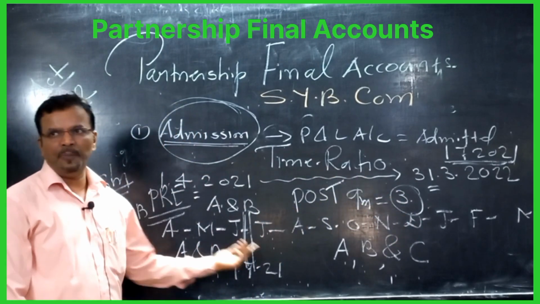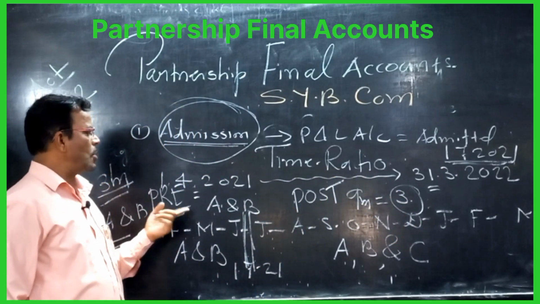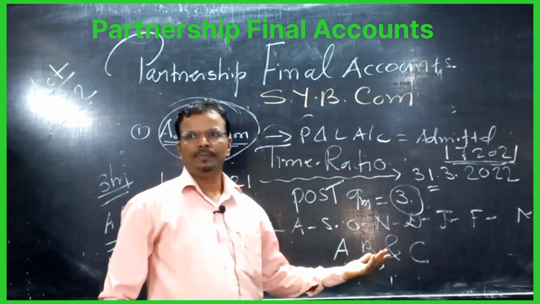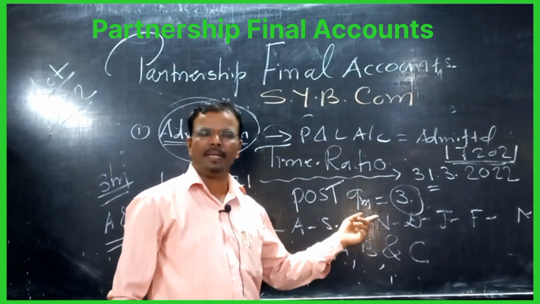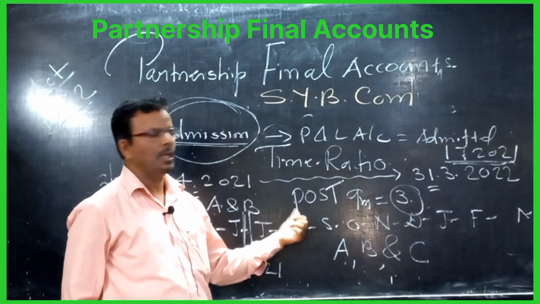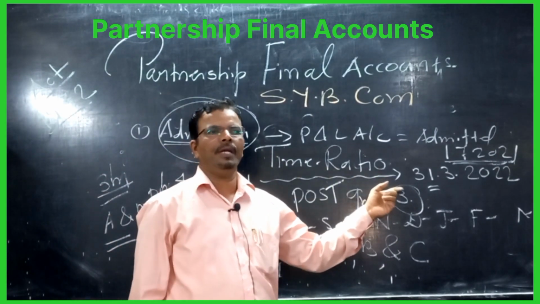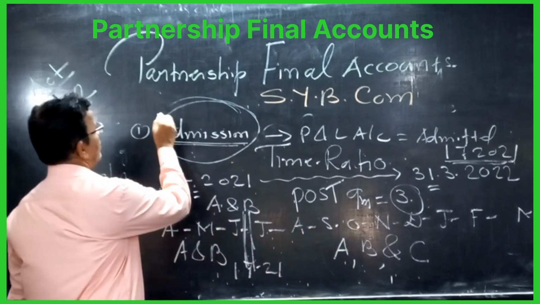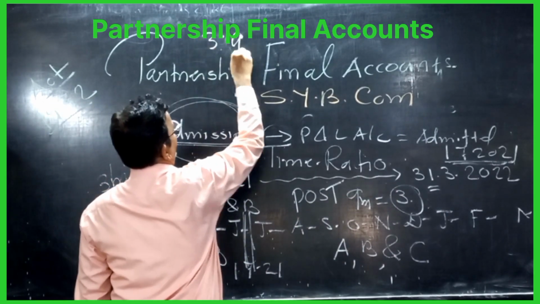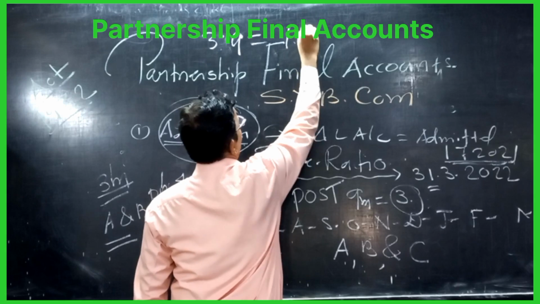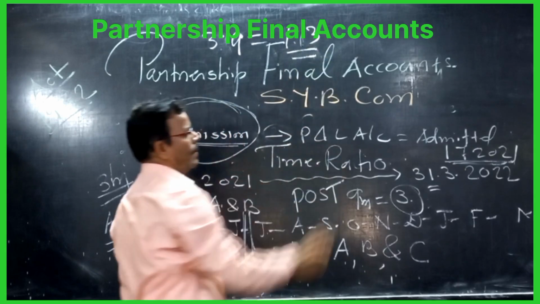So before July, 3 months, and that is called pre. After admission of the partner, 9 months, and that is called post. This pre and post is called the time ratio. So the time ratio is 3:9, equal to 1:3.